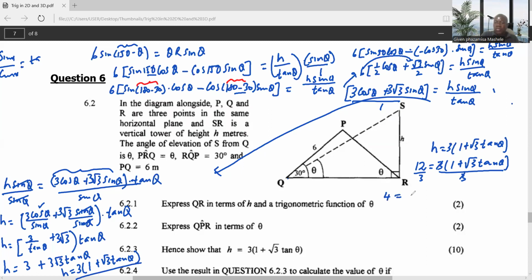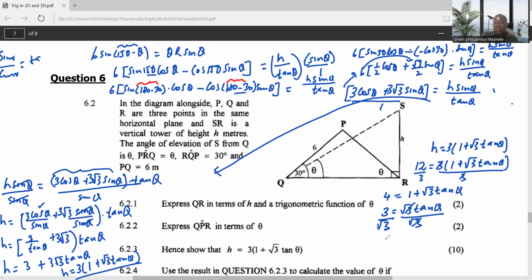So 4 equals 1 plus root 3 tan theta. Let's transpose 1 to the left-hand side. 4 minus 1 is 3, equals root 3 tan theta. Let's divide both sides by root 3.